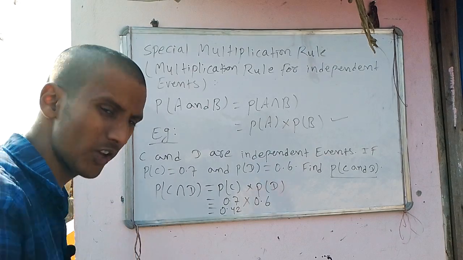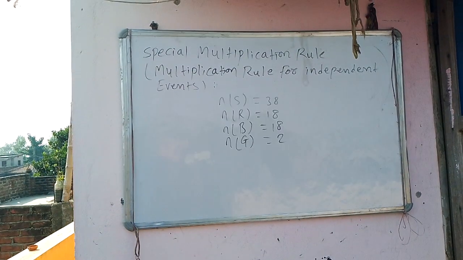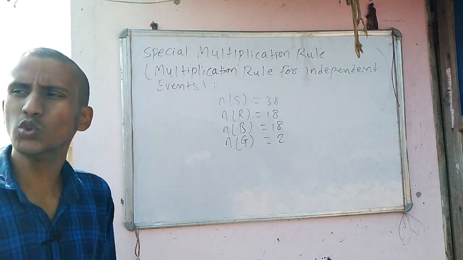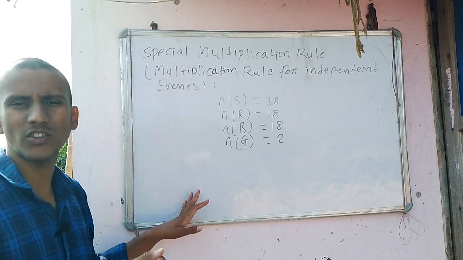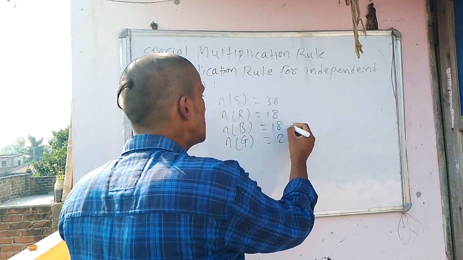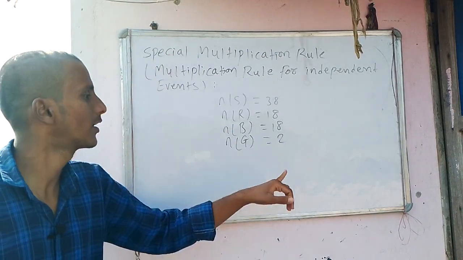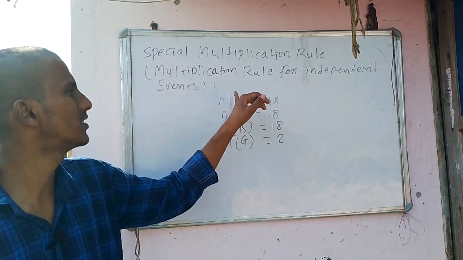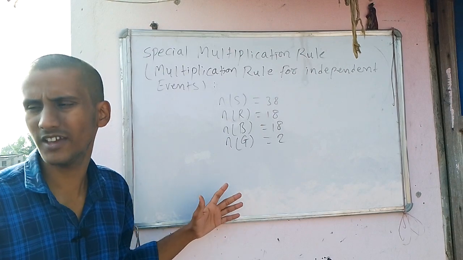Let's give another, harder example. There is a roulette wheel, and it is spun. On the roulette wheel there are 18 red numbers, 18 black numbers, and 2 green numbers. In total, the size of the sample space is 38.